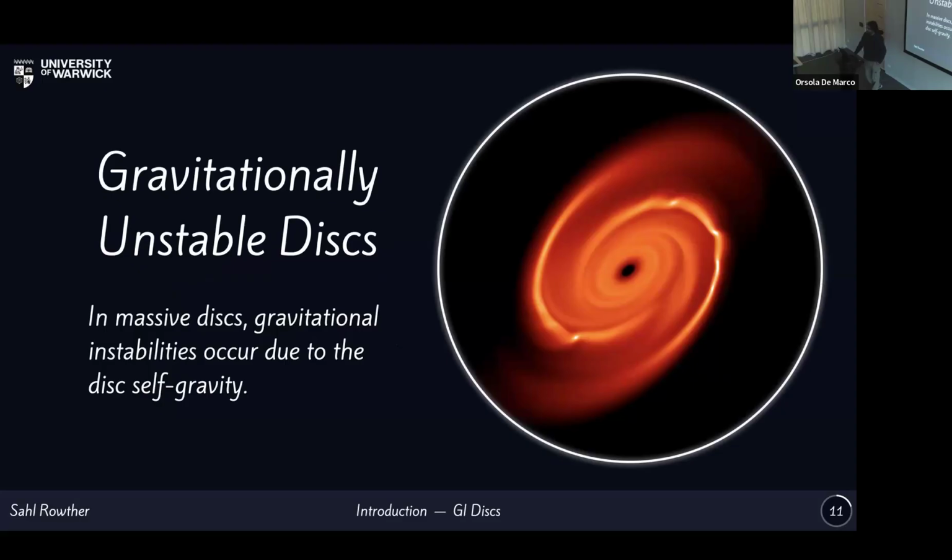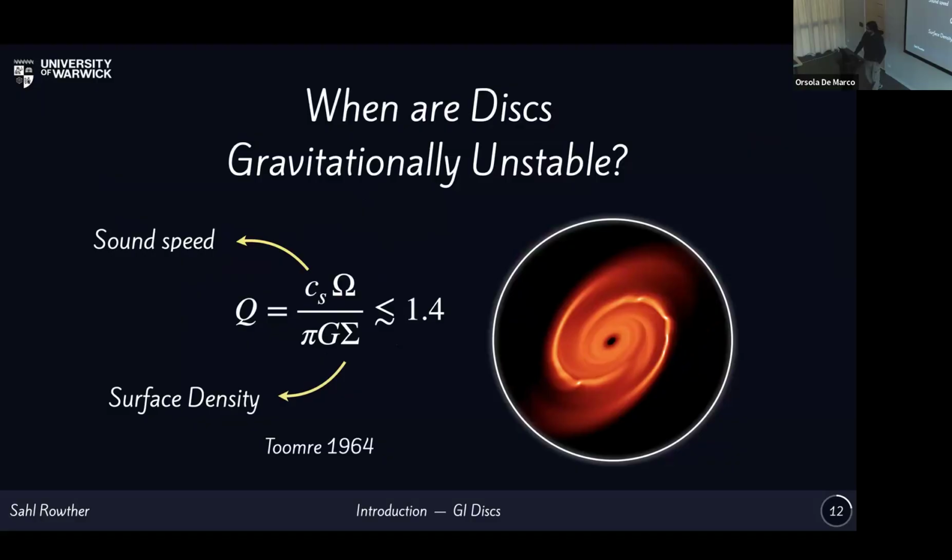The other type of disk that will be the main theme of this talk is the gravitationally unstable disk. And as I mentioned earlier, this is when the disk is quite massive. The Toomre parameter is a useful quantity to understand when a disk is gravitationally unstable, and it depends on the sound speed, or currently the temperature of the disk, and the surface density, or currently the mass of the disk.